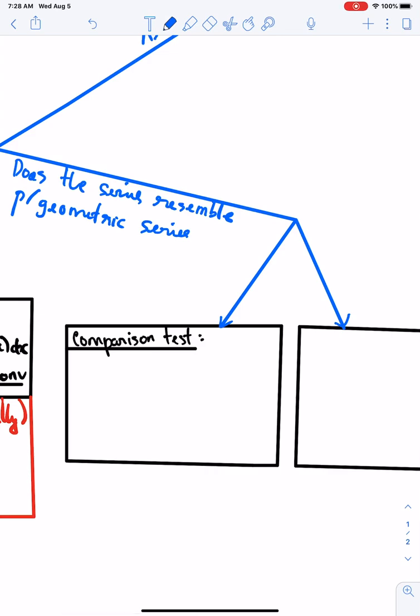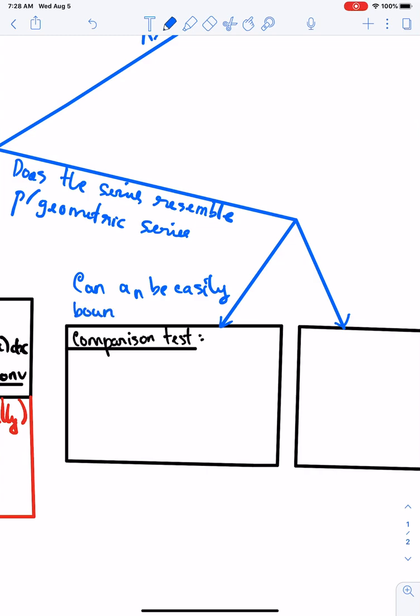If the answer is yes, then we have two options. We can use either the standard comparison test or the limit comparison test. You want to pick the standard comparison test if a sub n is easily bounded. So answer the question: can a sub n be easily bounded?